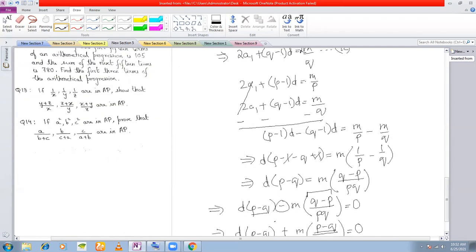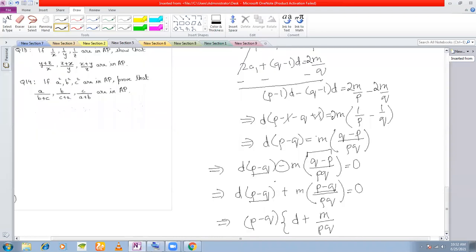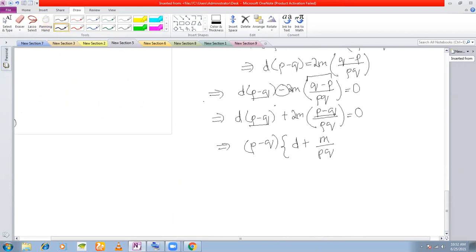Here also there's a 2. Okay, so you can take 2m out here. All this is 2m. And therefore this is 2m is equal to 0.